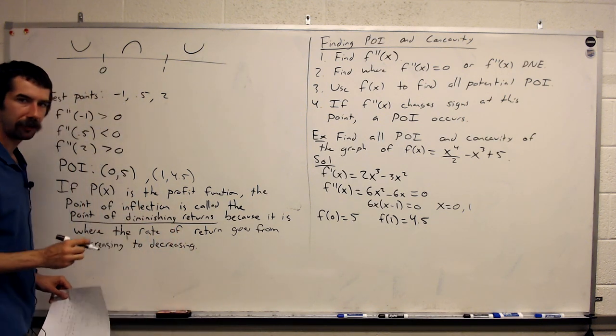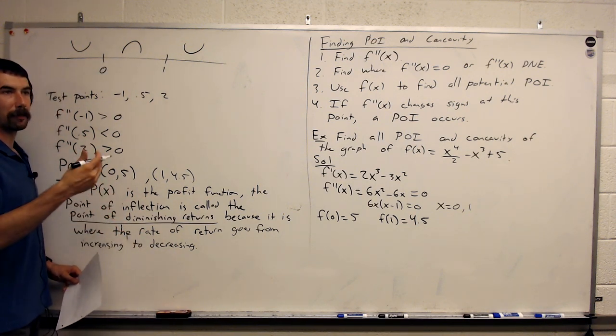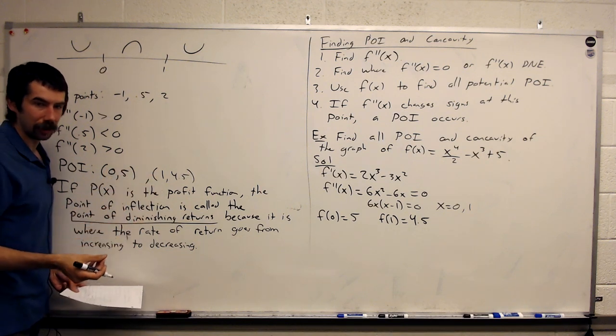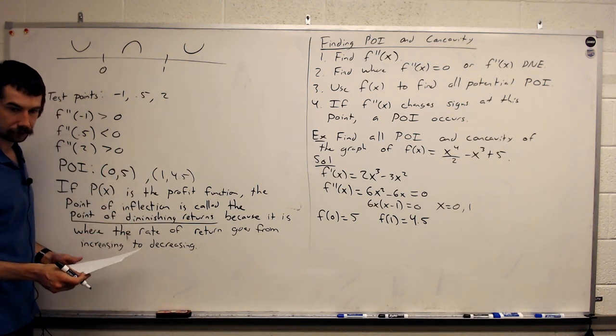The derivative of our profit would go from increasing to decreasing. So the amount that our profit is increasing by is slowing down. So it's the point of diminishing returns.